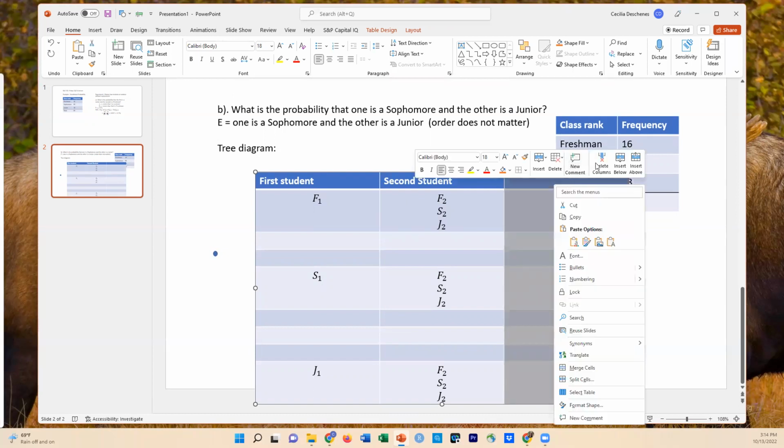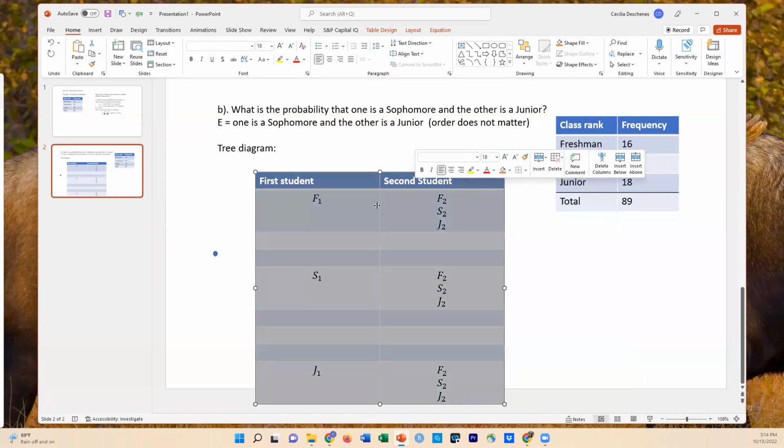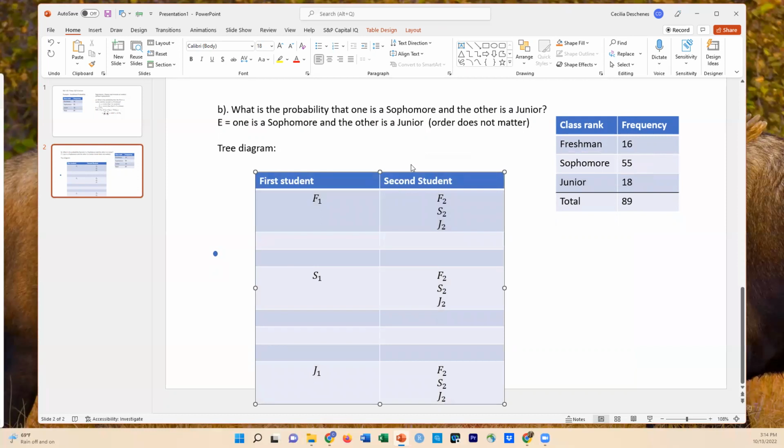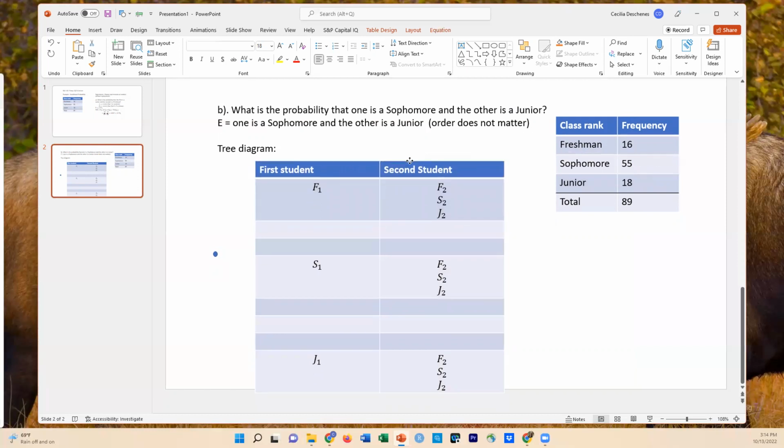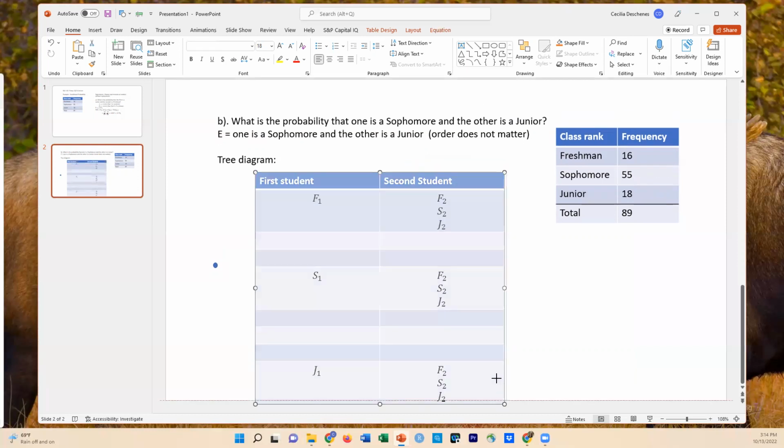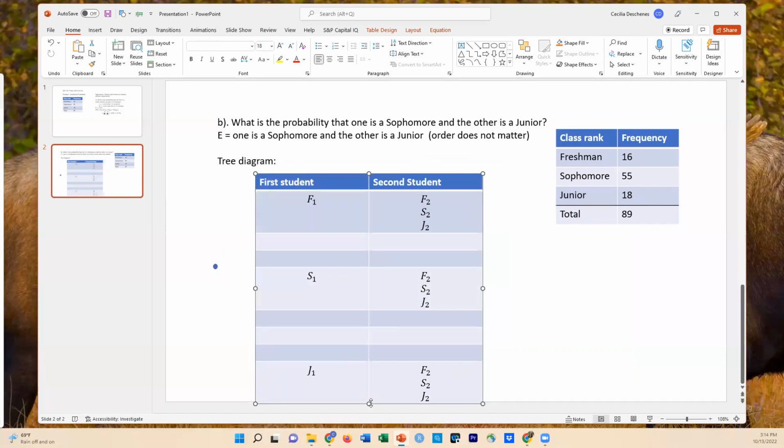Let me just get rid of this. I don't think I need that column. Maybe I do. Let me add it. Well, we'll come back to it. Okay. Let me see if I can make it a little bit smaller. It doesn't want to let me.